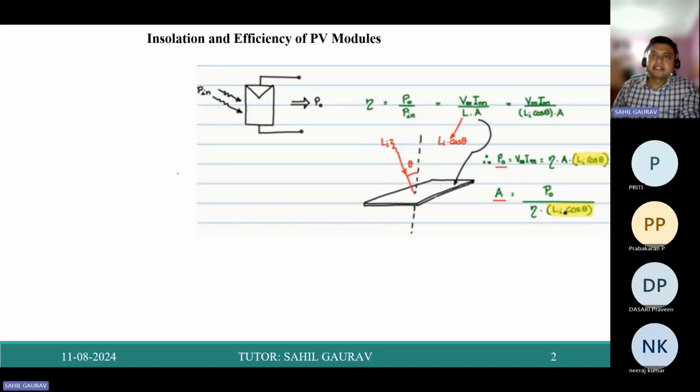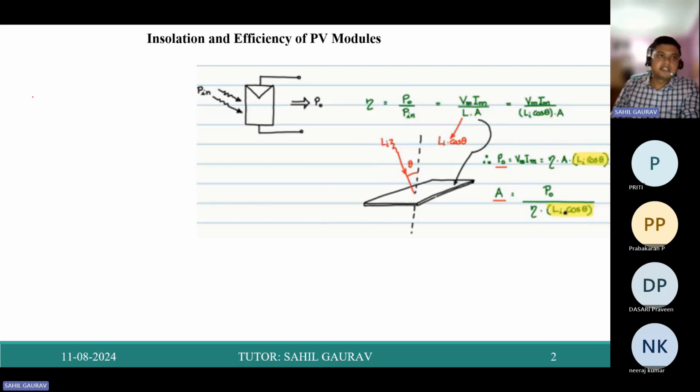Output power can be written as VMP into IMP if it is operating at the maximum power point, that is its operating point, and the input power is the solar insolation multiplied with the area of the PV cell. These are the characteristics of solar PV cells: maximum power point voltage and maximum power point current.